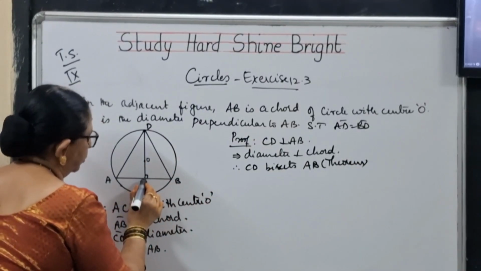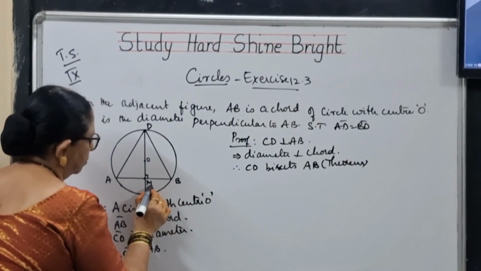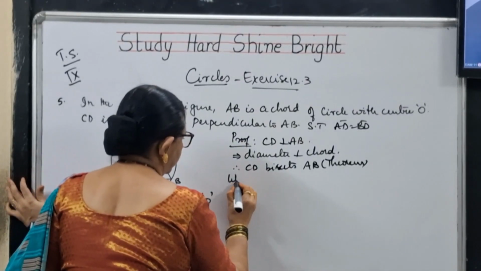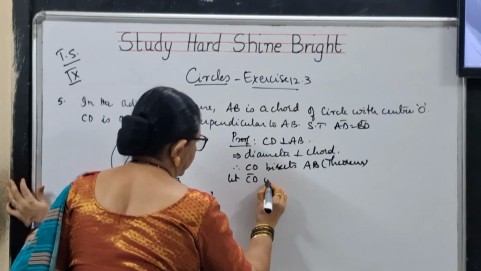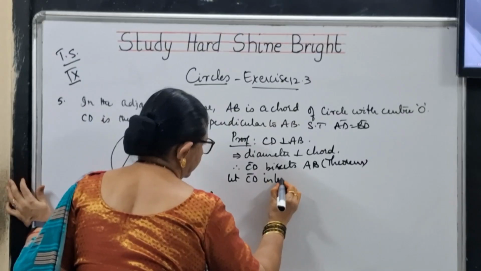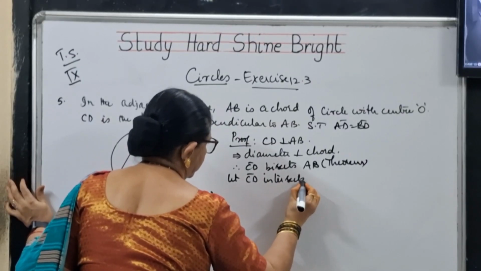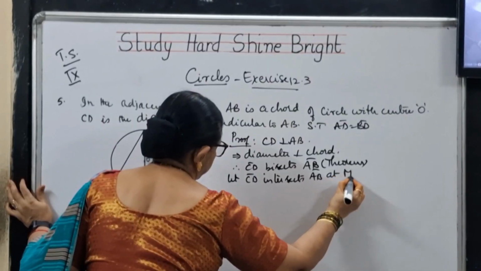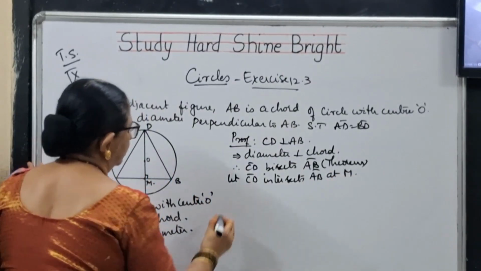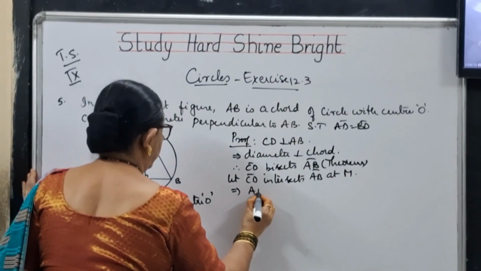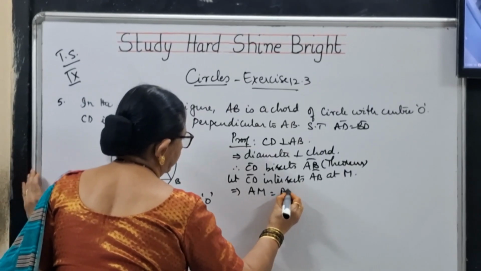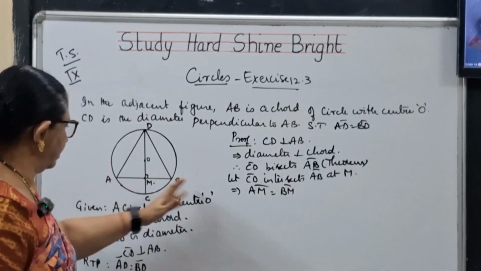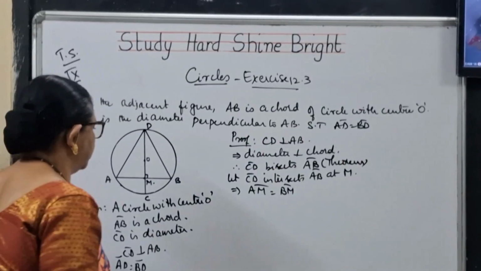Let me call this point as M. Let CD intersect AB at M. This implies AM is equal to BM, because CD is bisecting it. AM is equal to BM.